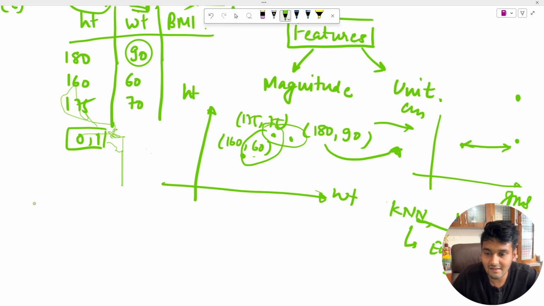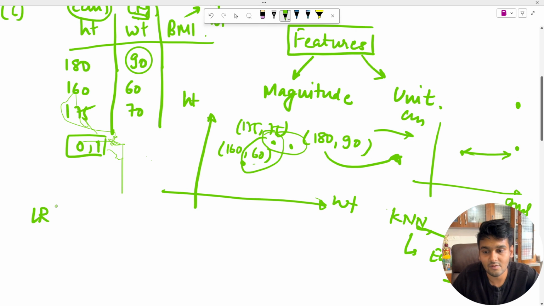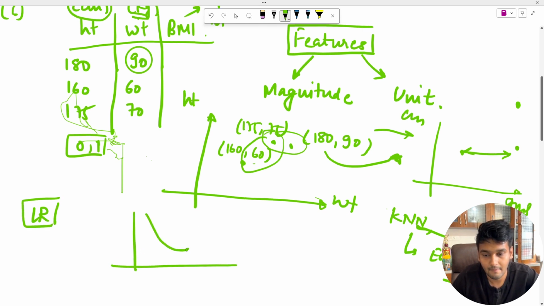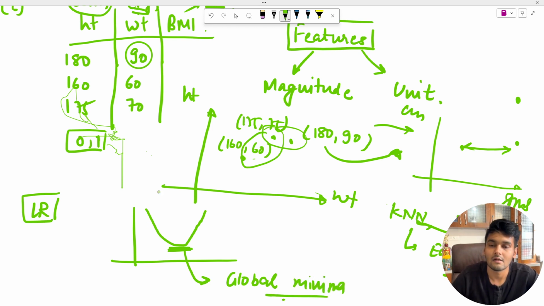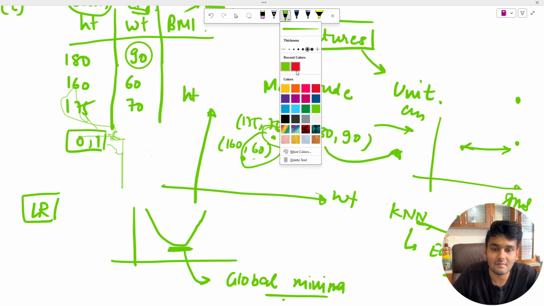Another example which we can take is linear regression, right? Linear regression works on gradient descent, where you have a parabola and you try and achieve the global minima here. This is the global minima where you want the algorithm to converge, right? Now, initially we start with a random arbitrary point.